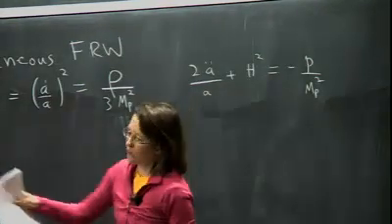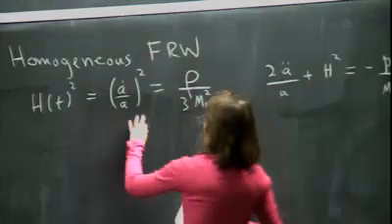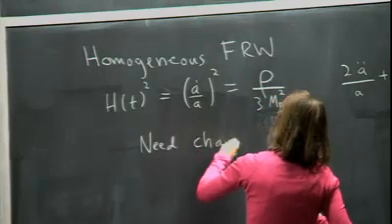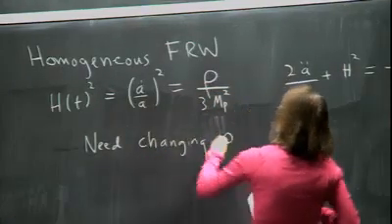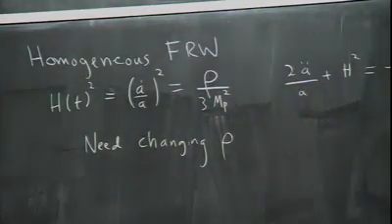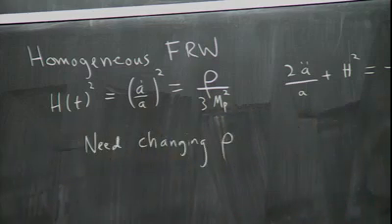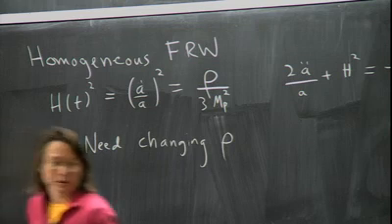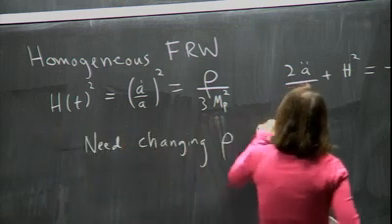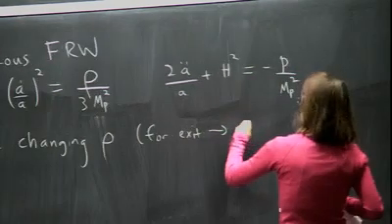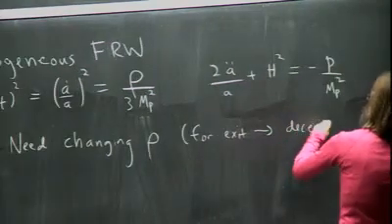And one thing we see, as I just said, is that we definitely need to model some source of changing energy density on the right-hand side, because even though we want it to be approximately constant to begin with, it needs to exit from that phase. So, for exit into normal decelerating FRW.